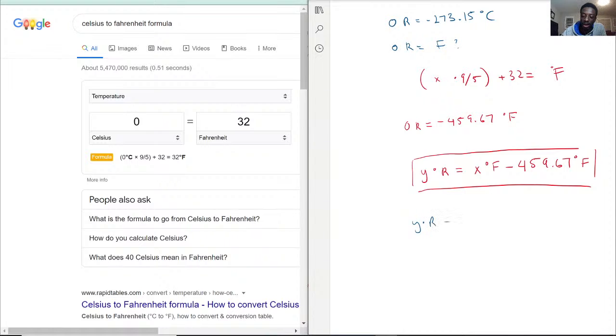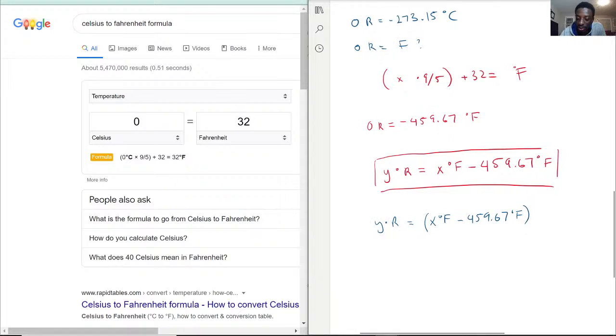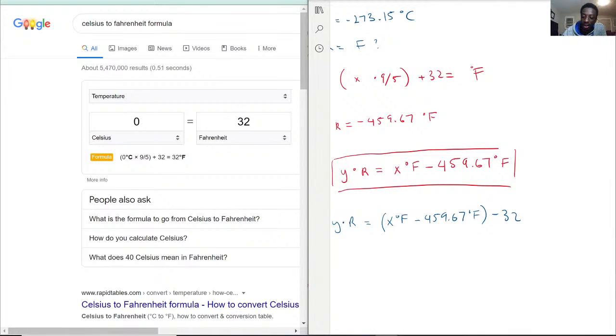The change in Rankine is equal to x degrees Fahrenheit minus 459.67 degrees Fahrenheit. And the way we change it to Celsius, we subtract 32, and then everything is multiplied by 5/9.